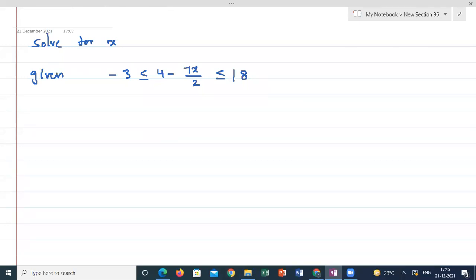Done. Anyone? Sir, minus 4 to both the sides. Second. What is the answer you got, sir? Sir, minus 4 to 2 closed interval on both the sides.